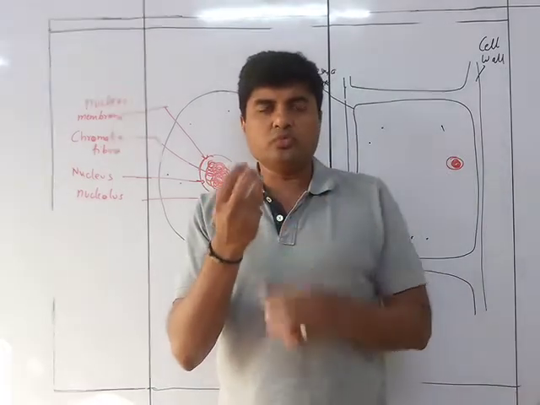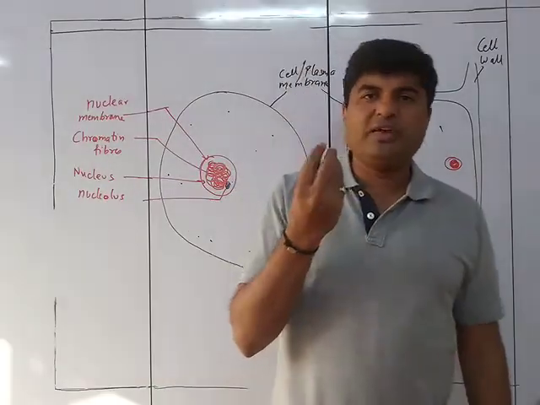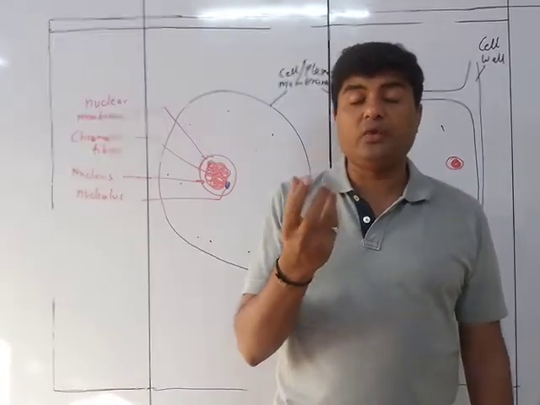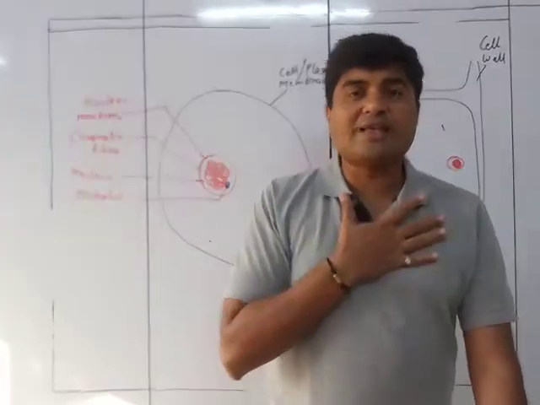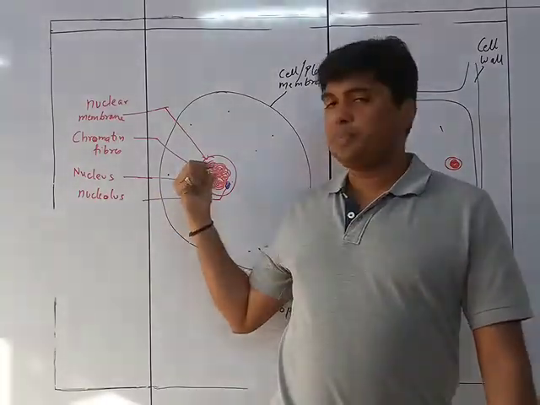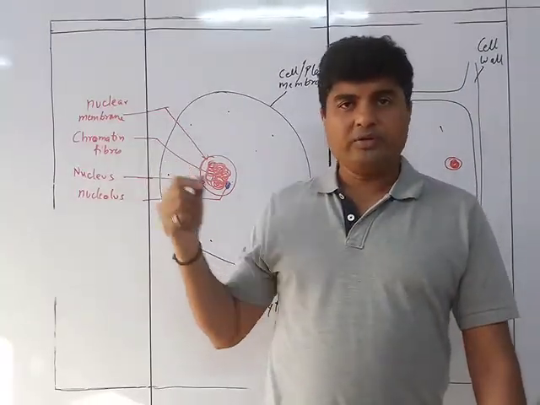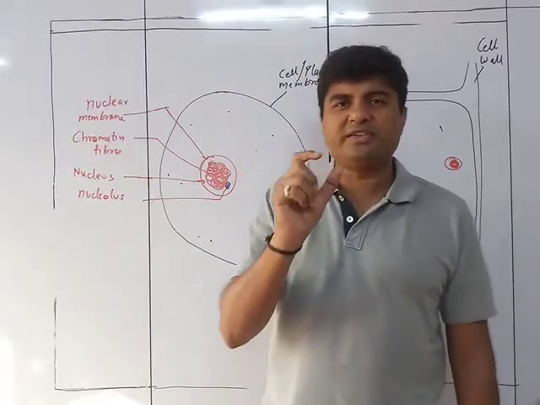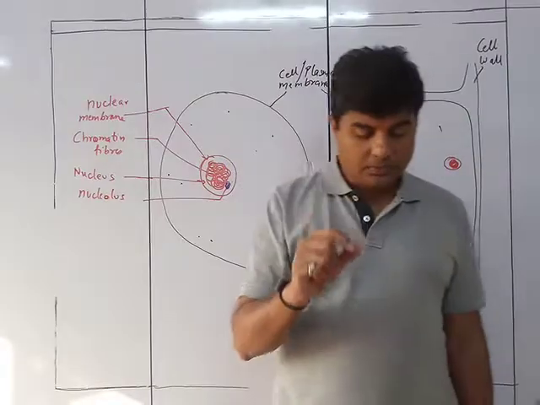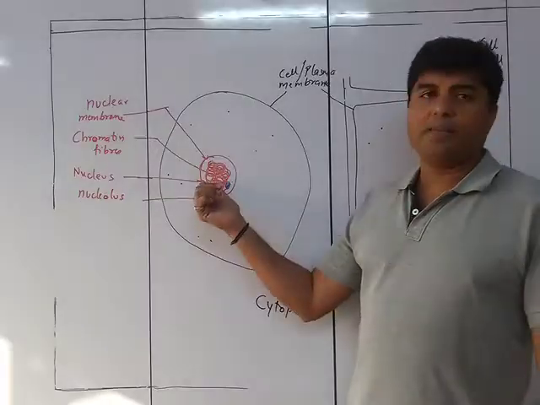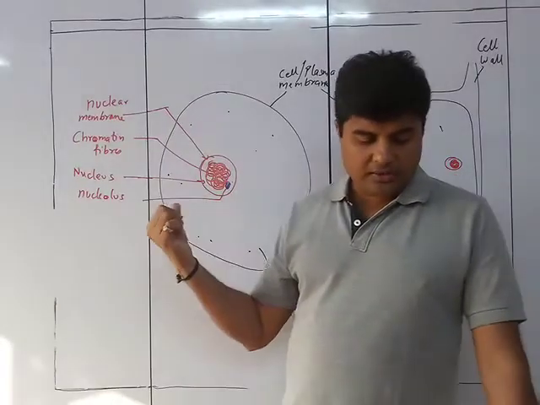There is a fixed number of chromosomes in every species. For example, humans have 46 chromosomes in the nucleus. So there is always a specific number of chromosomes in each and every living organism, and the chromatin is made up of DNA threads, as I told you earlier.